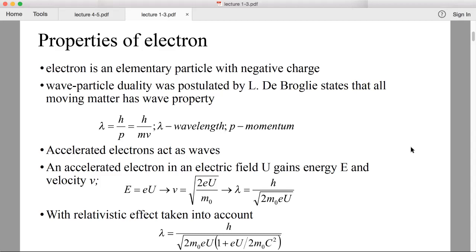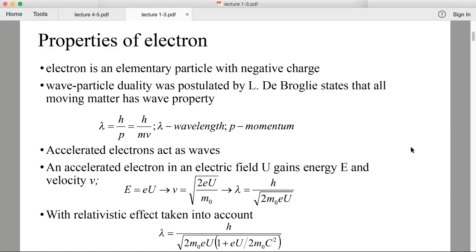The gain of this energy E is equal to e times U. Here e simply means the charge of the electron, and U is the electric field. And you all know, if we go in the classical regime, we can use the classical kinetic energy formula, which is KE, kinetic energy, equals half m v squared.